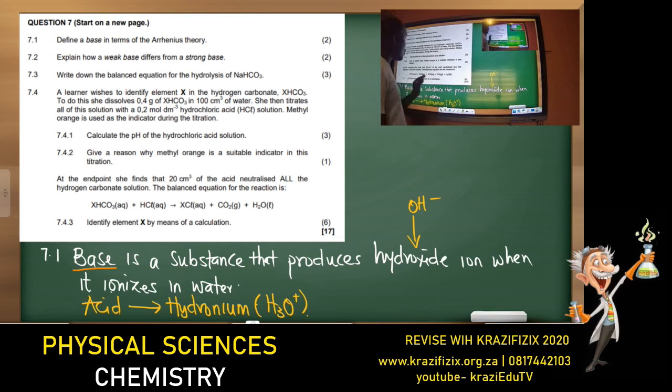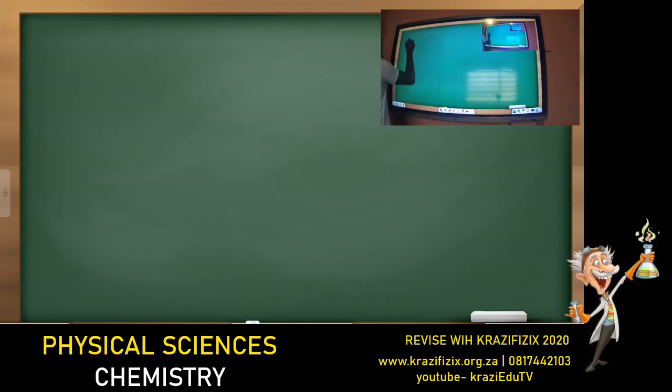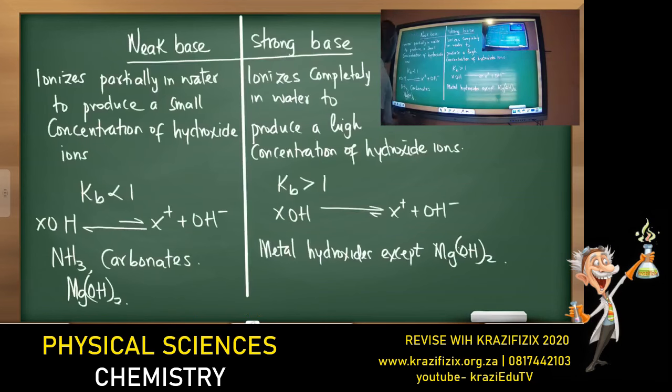Methyl orange is used as an indicator. I want us to go back. A learner wishes to identify element X in the hydrogen carbonate, XHCO3. Let's try to get a fresh page. Okay. Let's go back.